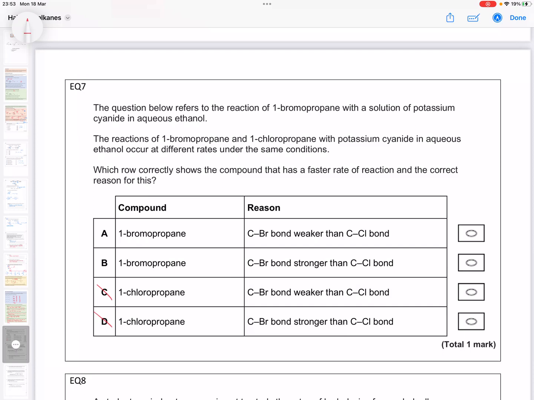In A, it's that 1-bromopropane has a weaker C-Br bond than a C-Cl bond, and in B, it's the other way around, but the correct answer is A. The weaker bond breaks more quickly, the rate is increased, and 1-bromopropane has a higher rate of hydrolysis than chloropropane. So that's A.